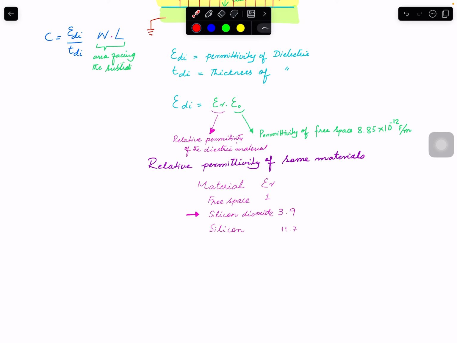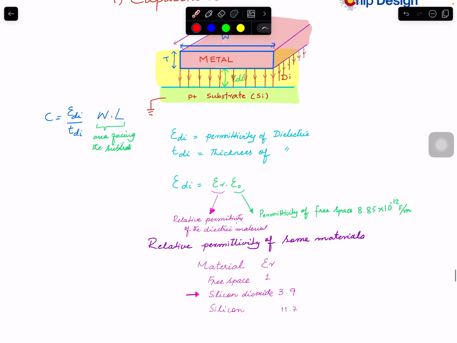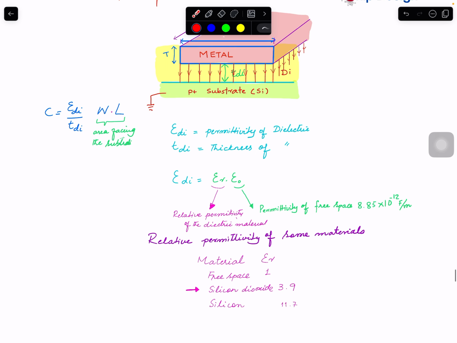So what do we want? Do we want a bigger capacitance? No, we want less capacitance. That's why silicon dioxide is a good dielectric to be used in silicon fabrication. Just wanted to convey that point. No need to worry about it too much, but this is important.